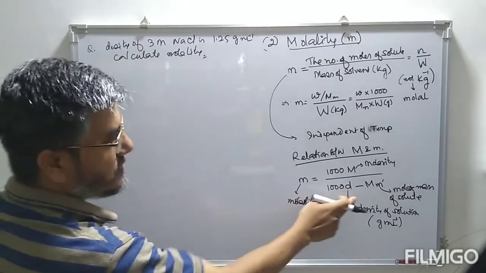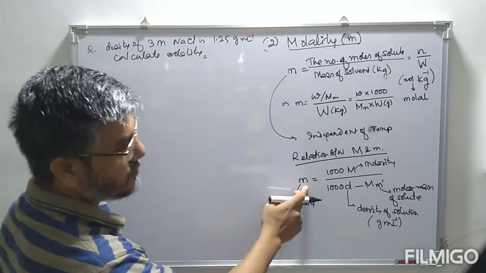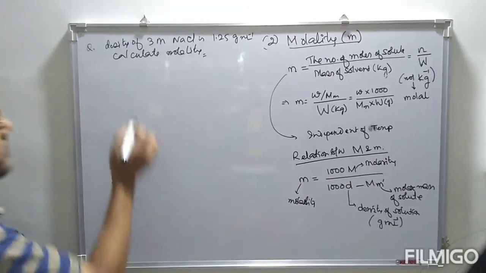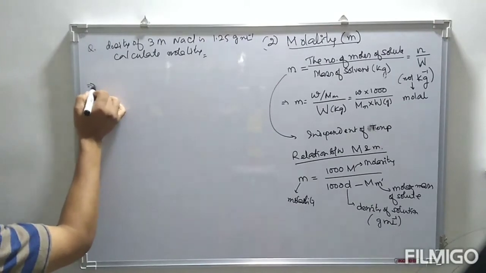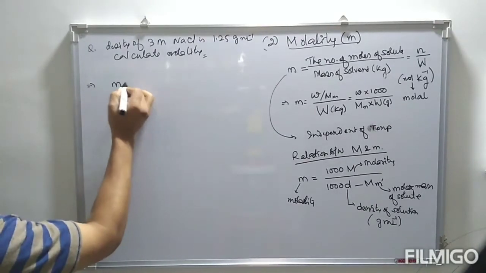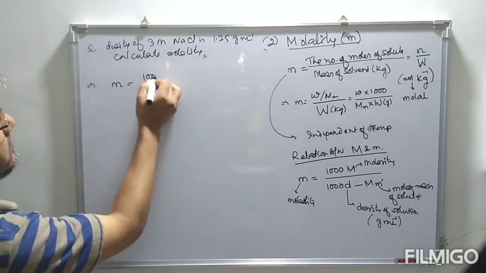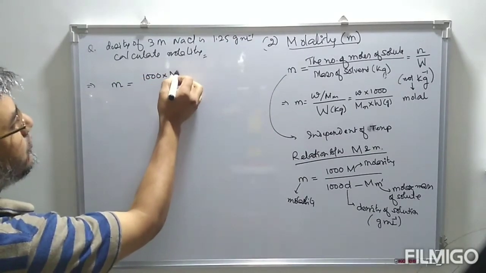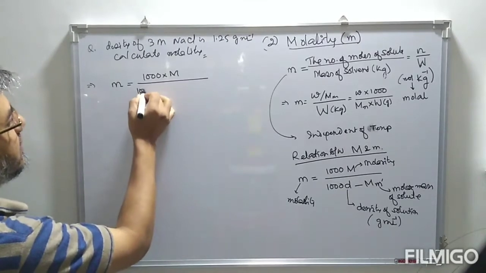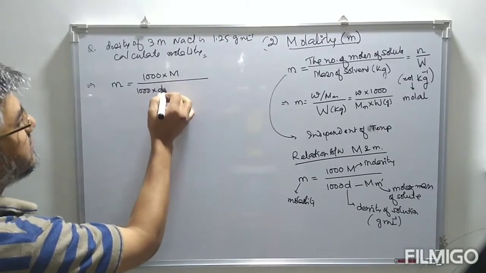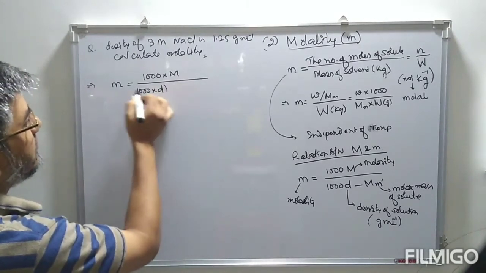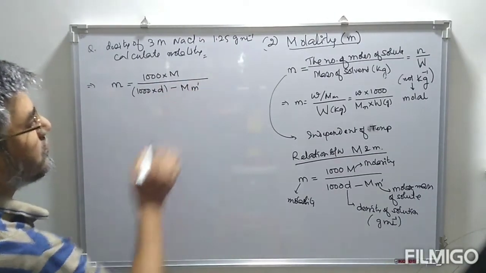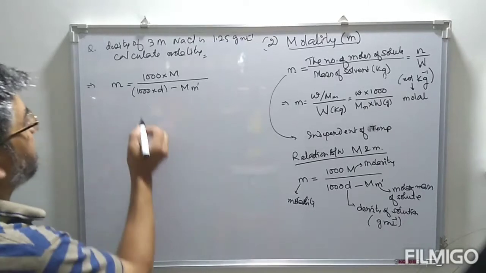So we have this relationship. Molality is equal to 1000 M divided by 1000 d minus M into m prime. Molality is equal to 1000 into molarity divided by 1000 into density minus molar mass into molarity.